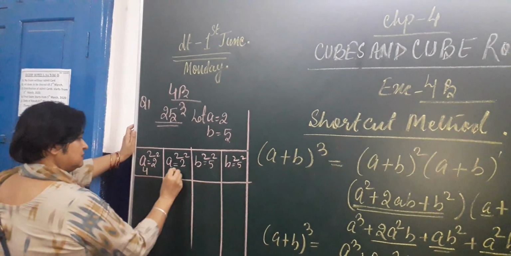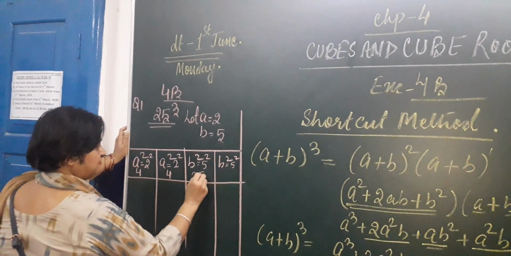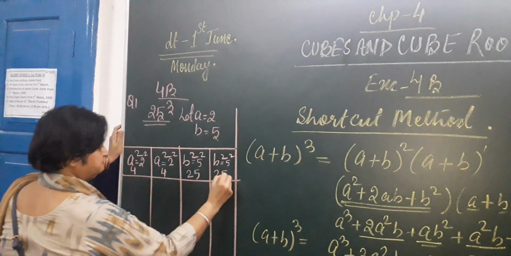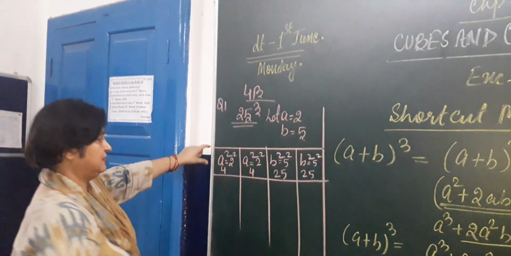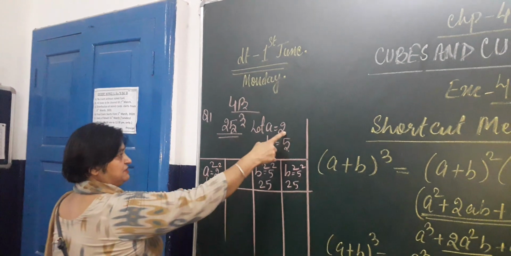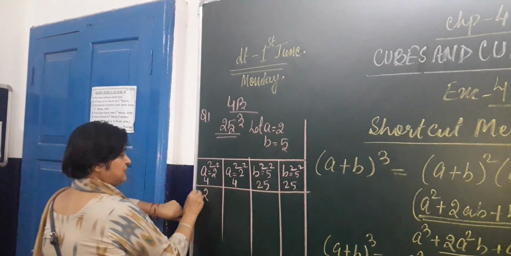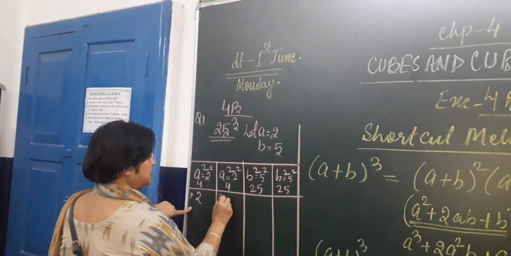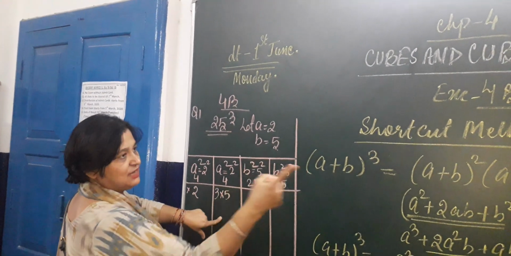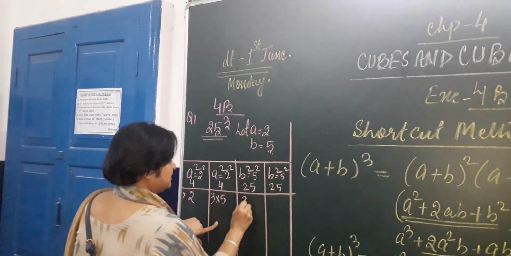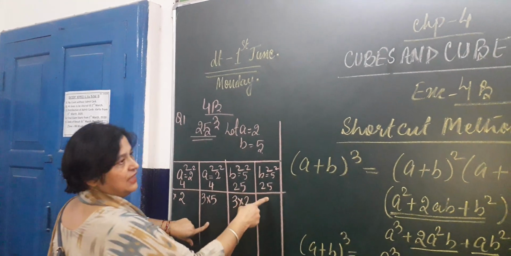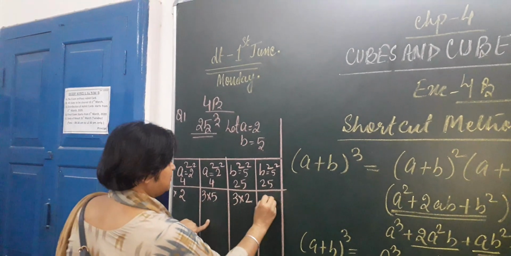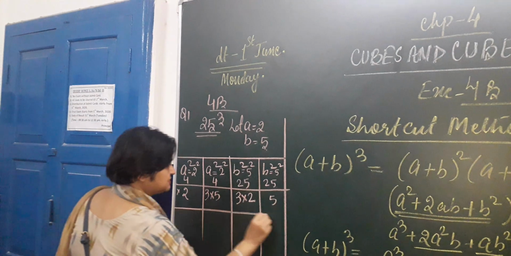Here it is 4, 25 and 25. Now what to multiply? Multiplied by A, that means 2. 4 multiplied by 2. Again multiplied by 3B, means 3 into B, which is 5. Then multiplied by 3A, 3 into A, which is 2. And then multiplied by B, means 5. Let us see what happens.